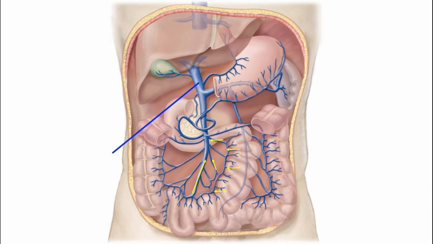Number two, a vein which is formed by union of the inferior mesenteric and splenic veins. The vein coming from the spleen, they form a vein that will join the superior mesenteric vein and form the portal vein, which is going into the liver.